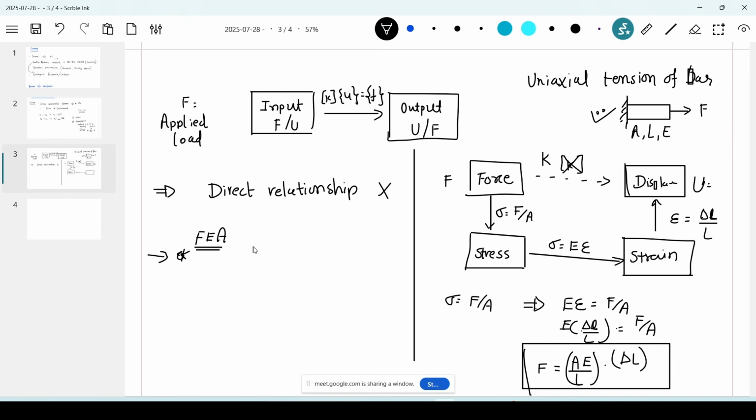For the bar element, the K matrix is A E by L, [1 -1; -1 1].